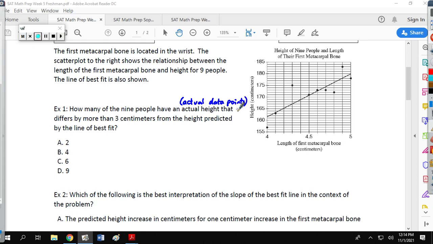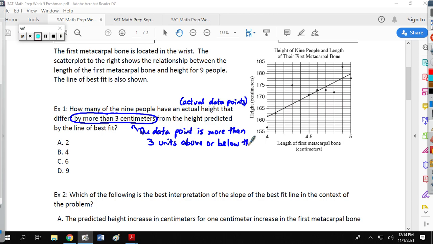That differs by more than 3 centimeters from the height predicted by the line of fit. So when we see this differs by more than 3 centimeters, we're saying the data point is more than 3 units, which would be 3 lines, above or below the line of fit.